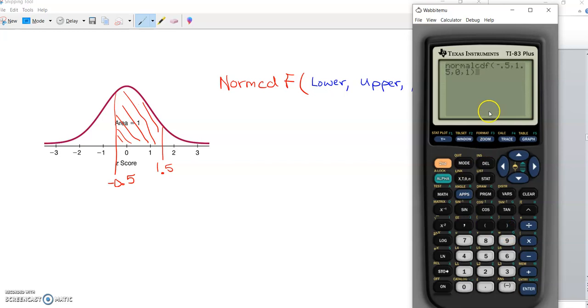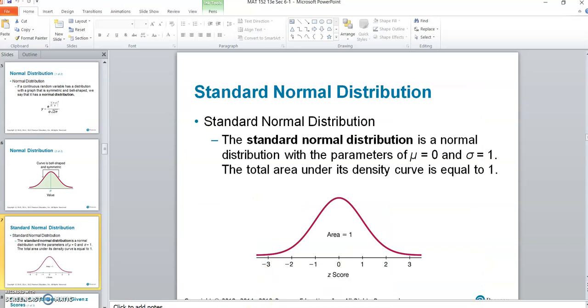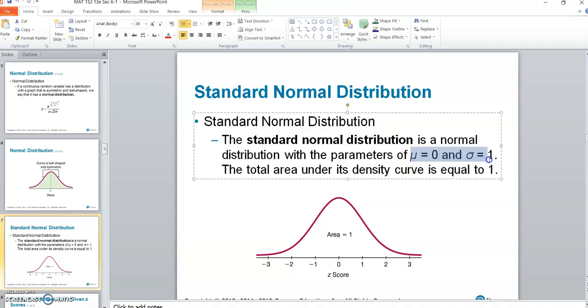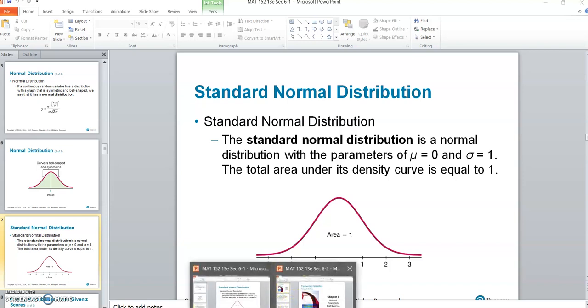That is true because in 6.1 we're dealing with the standard normal distribution, which has a mean of 0 and a standard deviation of 1. So this will always have a mean of 0 and a standard deviation of 1.